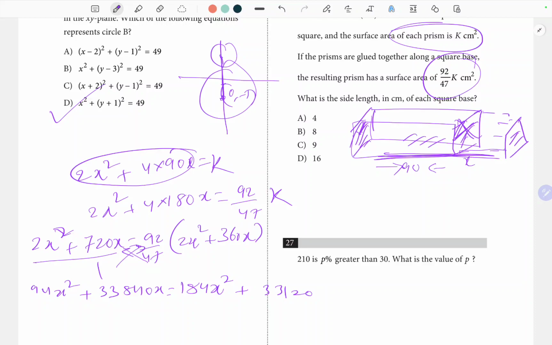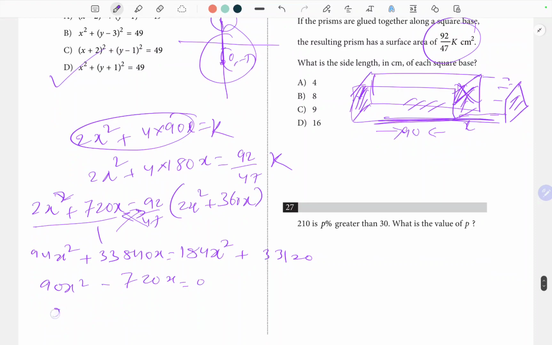Okay, now I will make quadratic equation. 184 minus 94, which is 90x square, and now 33120 minus 33840, which is minus 720x.